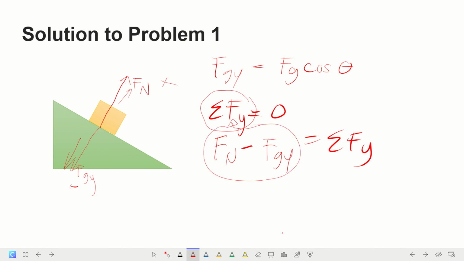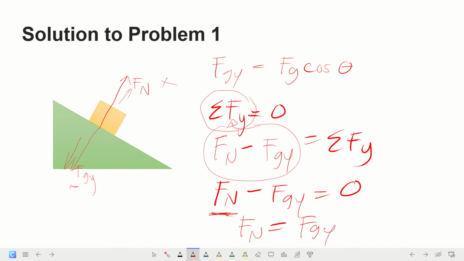So that magkaroon tayo ng F of n, normal force, minus the perpendicular component is equal to 0. And then, to solve for the value of the normal force, F of n is equal, transpose natin tong perpendicular component of force due to gravity sa kabila. So F of n is equal to Fg of y, or is equal to Fg cosine theta.